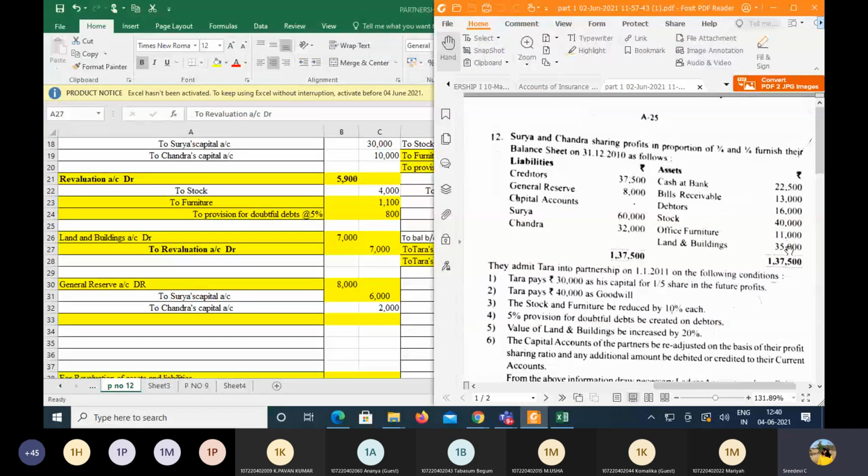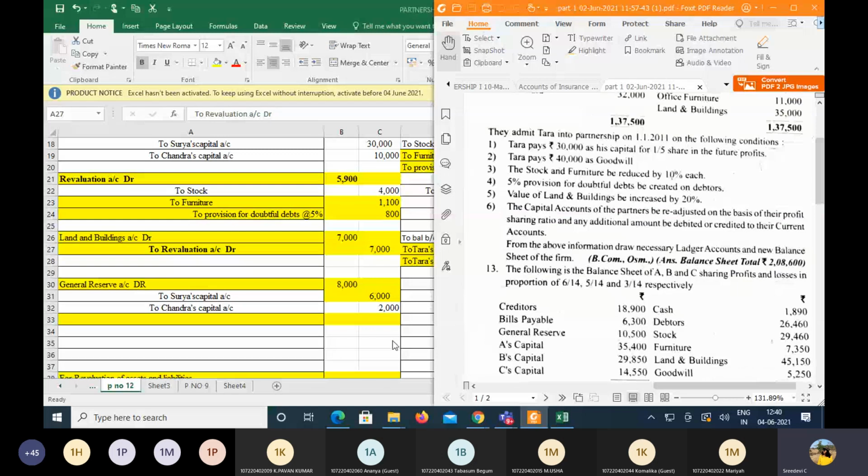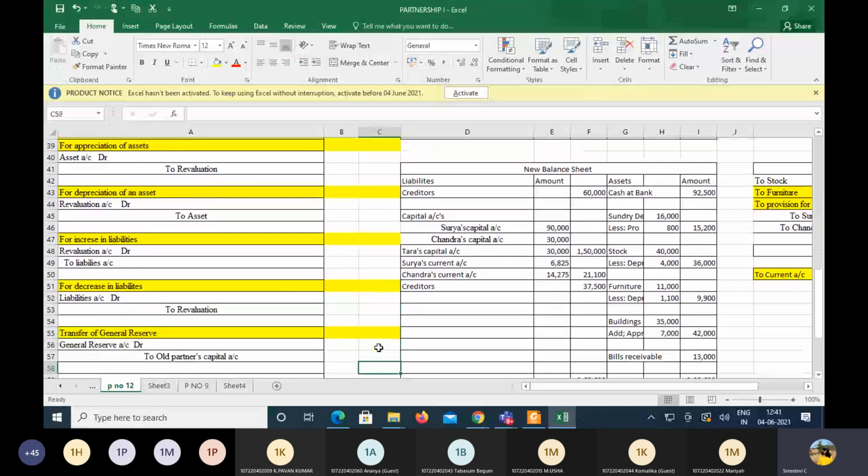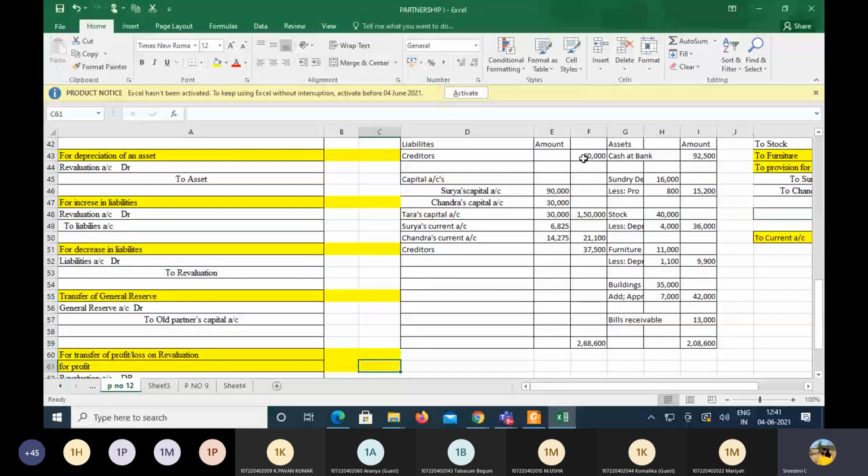What is the total? 2,08,000. Ma'am, it tallied. One minute, something went wrong. I don't know. Why is it showing 2,68,000 then? Do it manually and see. 2,08,600. There is some formula problem. Okay, done.